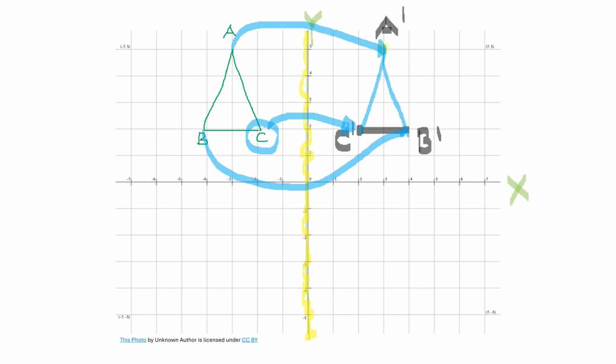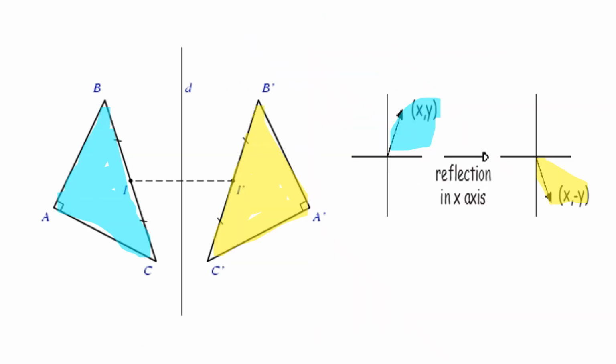So let's look at the next. So let's quickly look at the diagrams which have been shown here. If you look at both the images, the first one is a triangle. This is reflected across the y-axis, right? You can see you have B, this is your first image, and this is your reflected image.